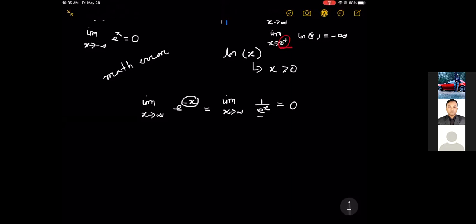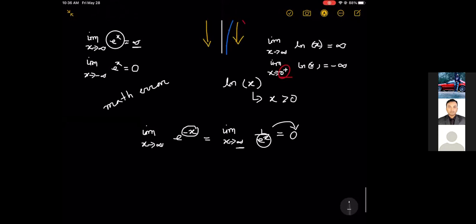Because we know that e to the x approaches infinity when x tends to infinity, and anything over infinity, we know that's 0. So can you see how we can use this information in future, for different problems?